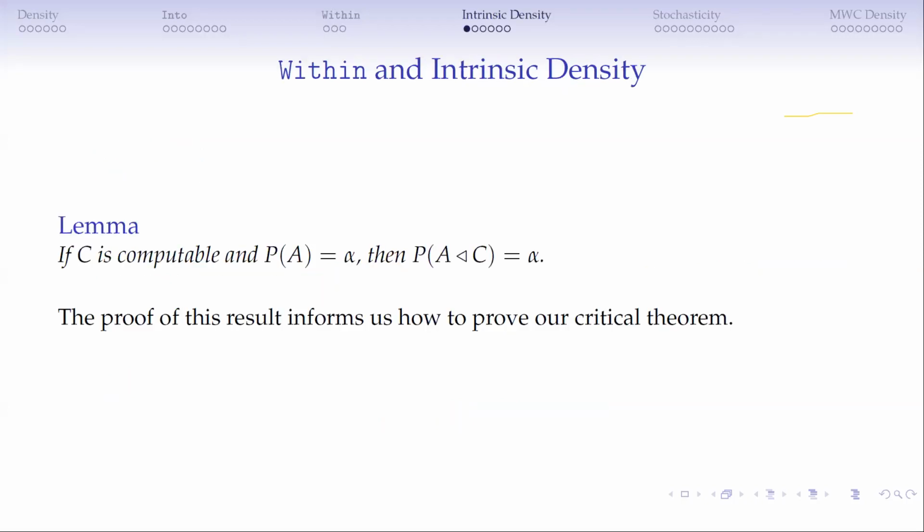Okay, so going back to intrinsic density, we have a lemma here. If C is a computable set and A has intrinsic density alpha, then A within C has intrinsic density alpha as well. And if you think about it, this makes sense because what this is saying is, if I take some set of intrinsic density and I only care about it on a specific computable set, I don't care what it does outside this set, well, it should still have intrinsic density alpha along this computable set because there's a permutation that makes this computable set look like everything.